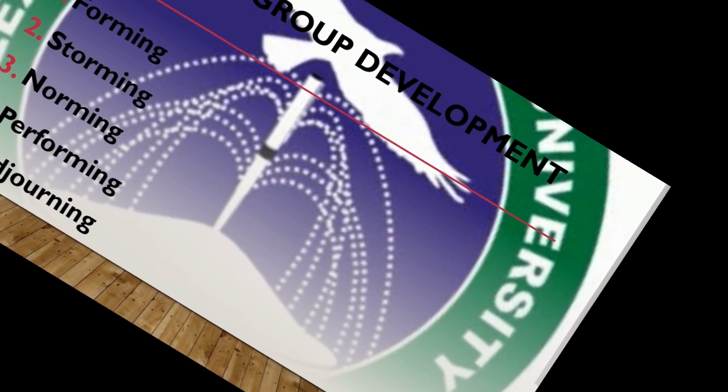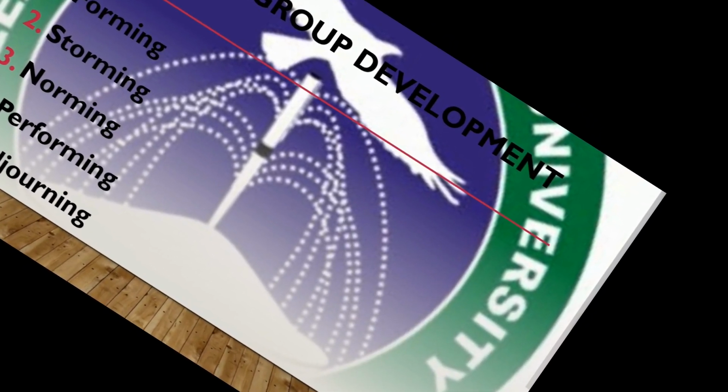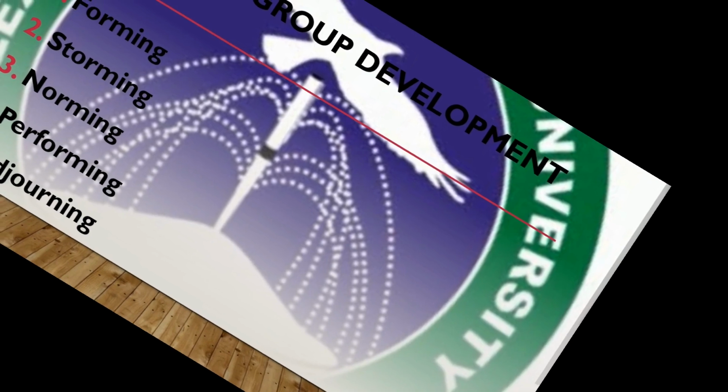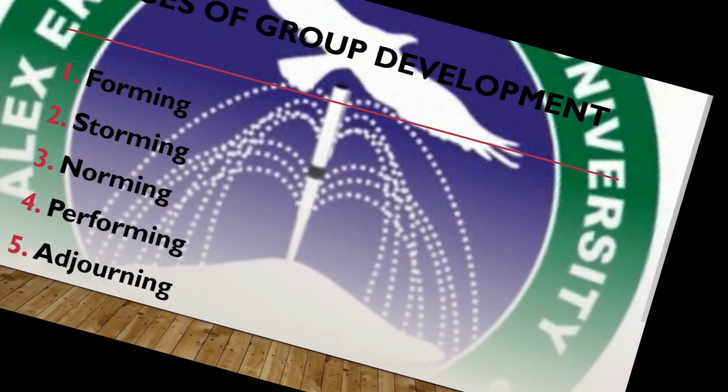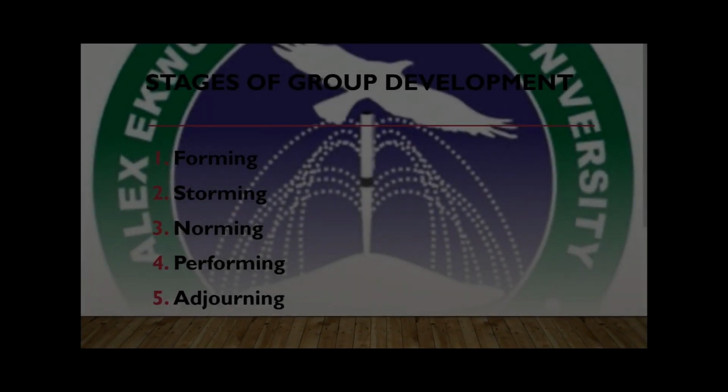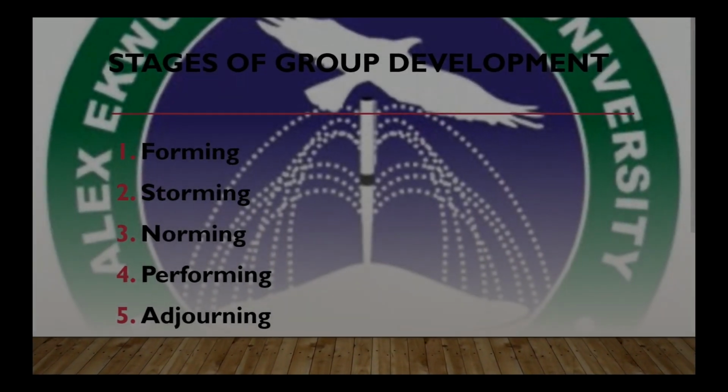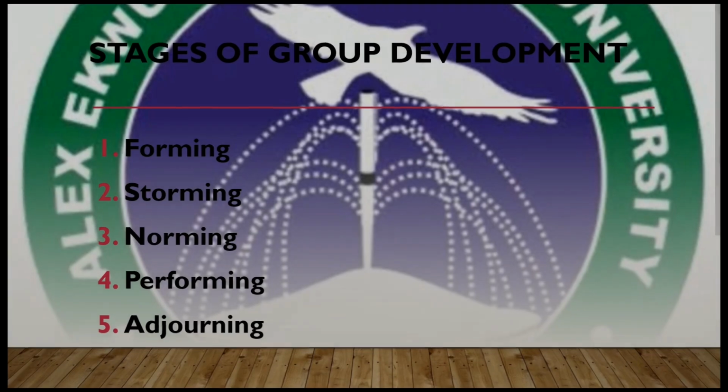At the forming stage of group development, the members familiarize themselves with the task and with other members of the group. Now, this is the dependent stage, as members tend to depend on outside expertise for guidance, job identification, and task analysis.